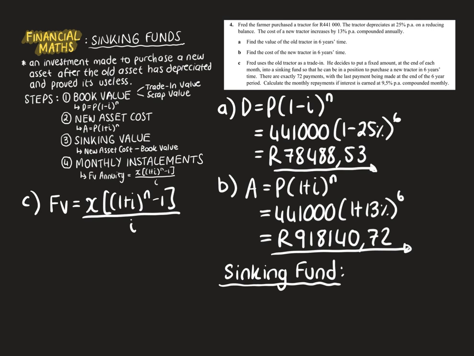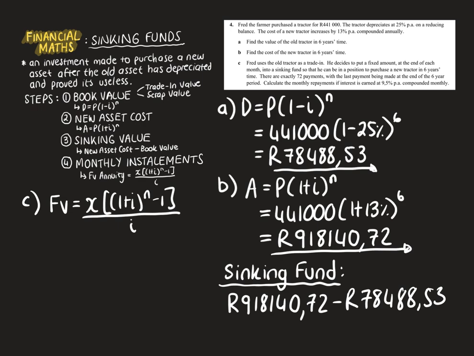So what we're going to have to do here is the sinking fund value that we need is going to be 918,140 Rand and 72 cents minus my 78,488.53 that I'm getting for my trade-in.